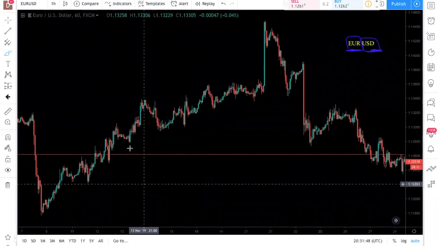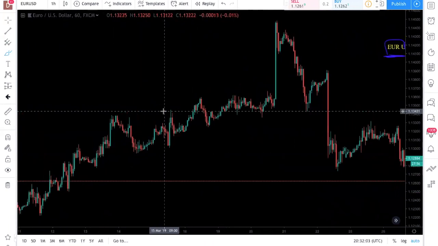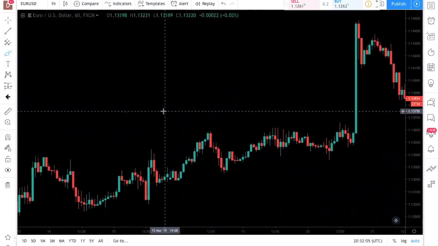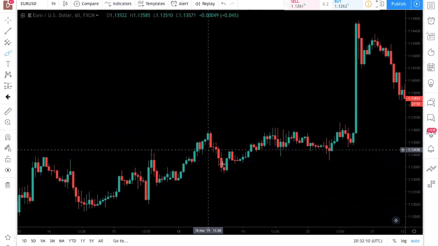So every currency has buyers and sellers. Someone is always buying a currency. Someone is always selling a currency, right? So if you take a look here, I'm gonna zoom in. The green candles on my chart represent the buyers.